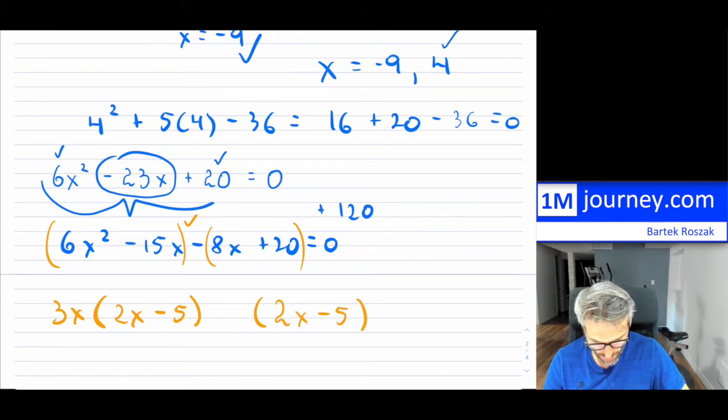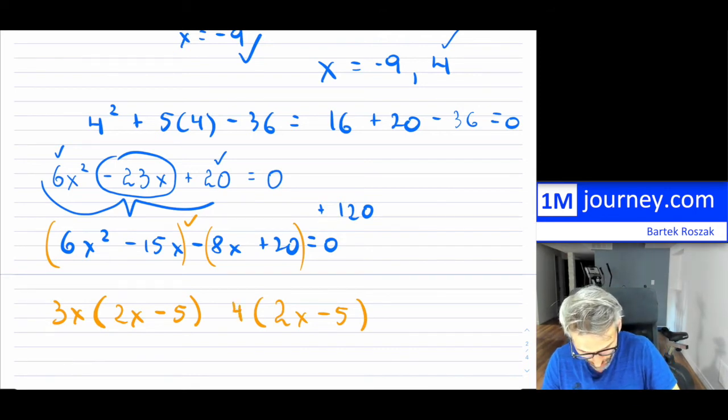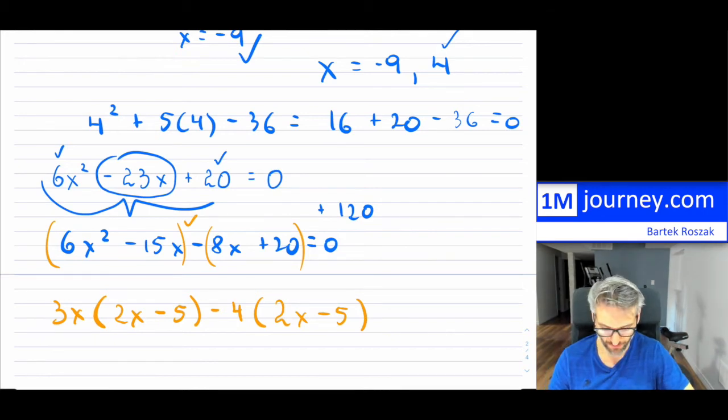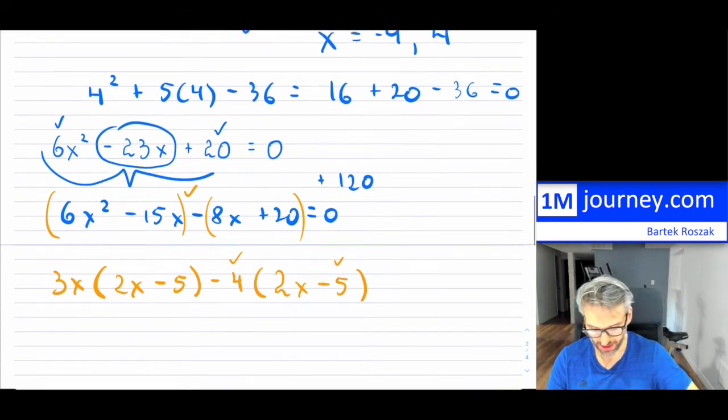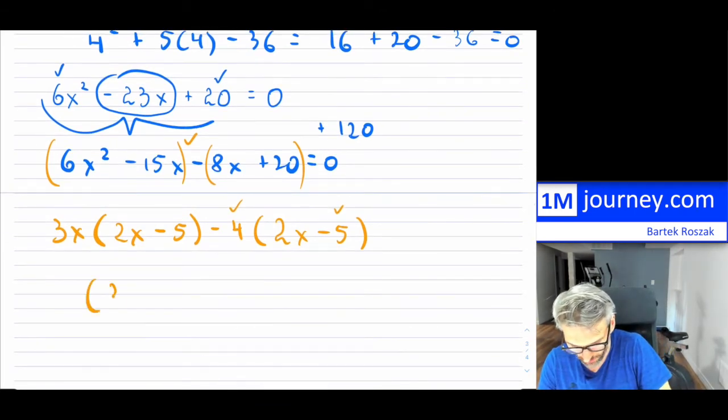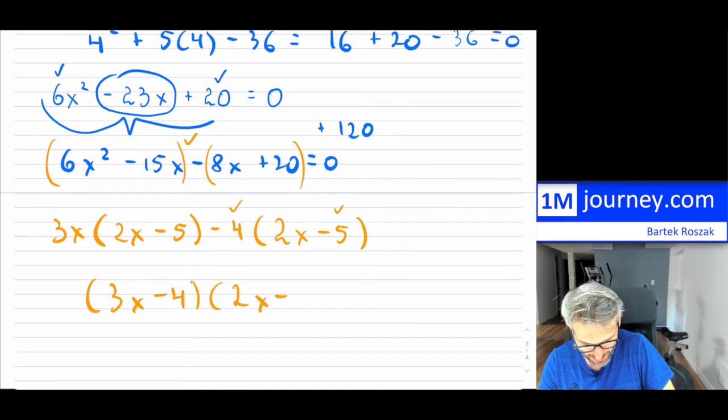In order to do that, I can take out the 4, and indeed negative 4 gives you that positive 20. So this is in factored form: 3x minus 4, 2x minus 5 is equal to 0.